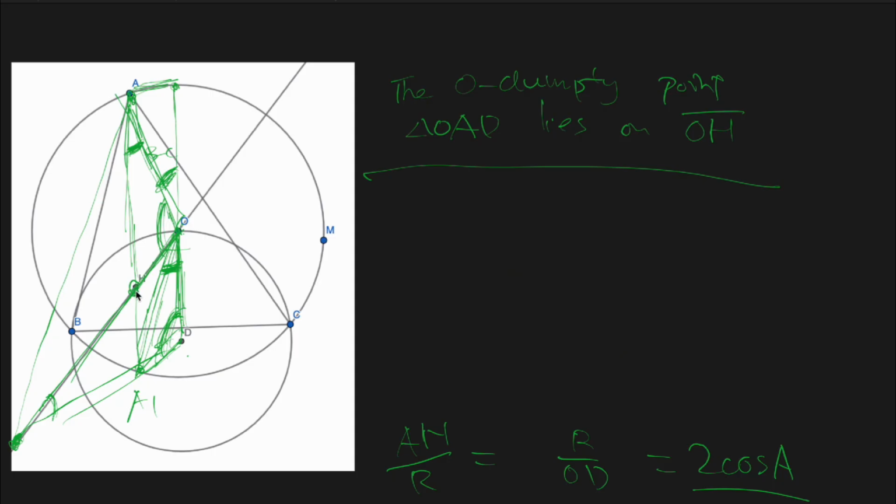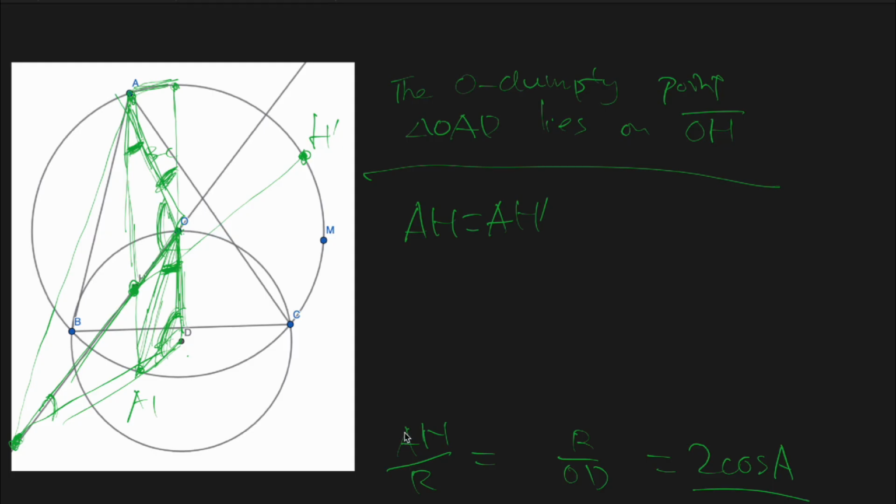Okay, one of the most prominent things about the orthocenter is that if you reflect it over the sidelines, then it should also lie on the circumcircle. For example, if I reflect AH over the side AC, we end up with this point, which I'm going to call H prime. And since it's a reflection, we have that AH is equal to AH prime.